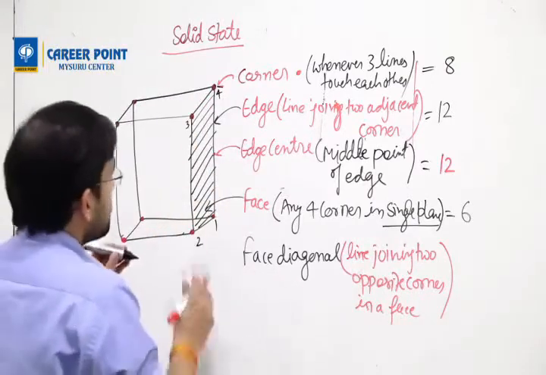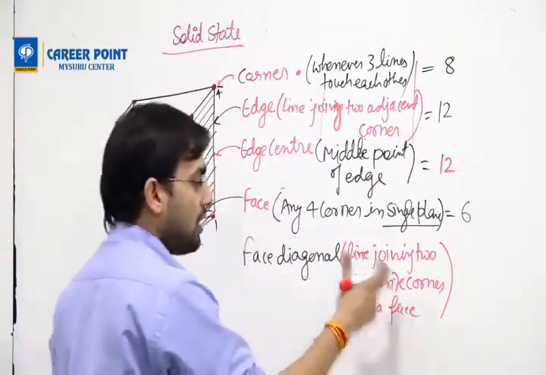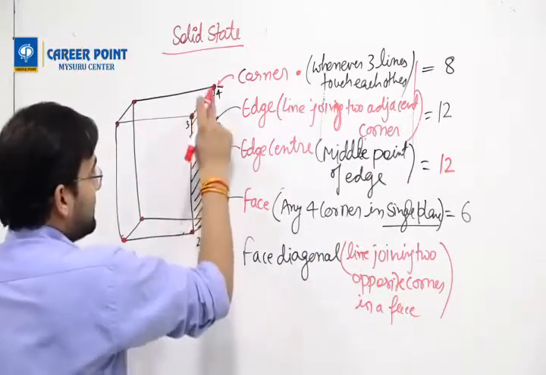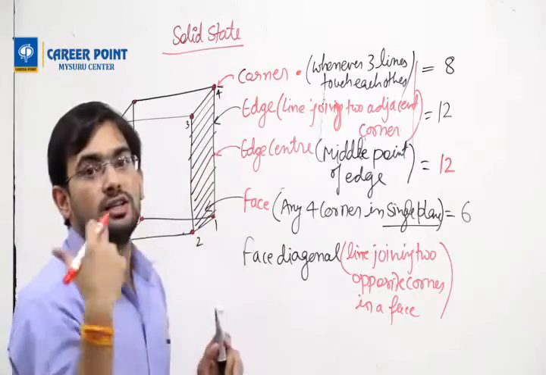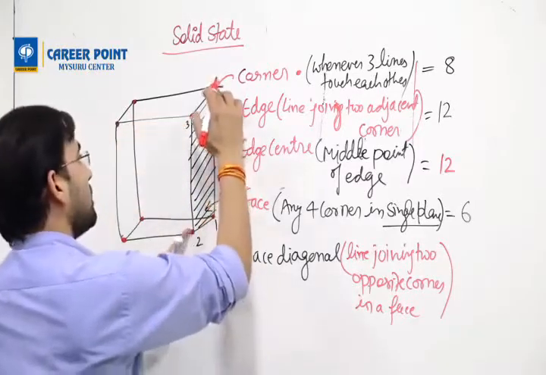So now you need to take one face only. You cannot take one corner of one face and another corner of any other face. Okay? So now these are 4 corners. What are the opposite corners? This is one pair of opposite corners. This is another pair.